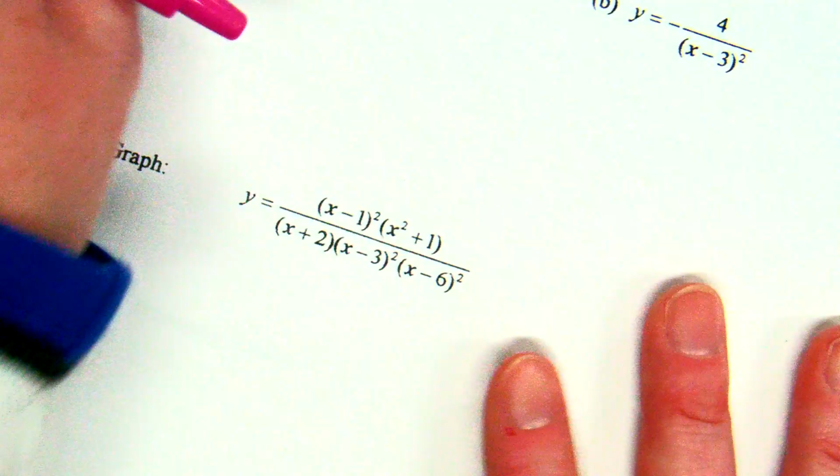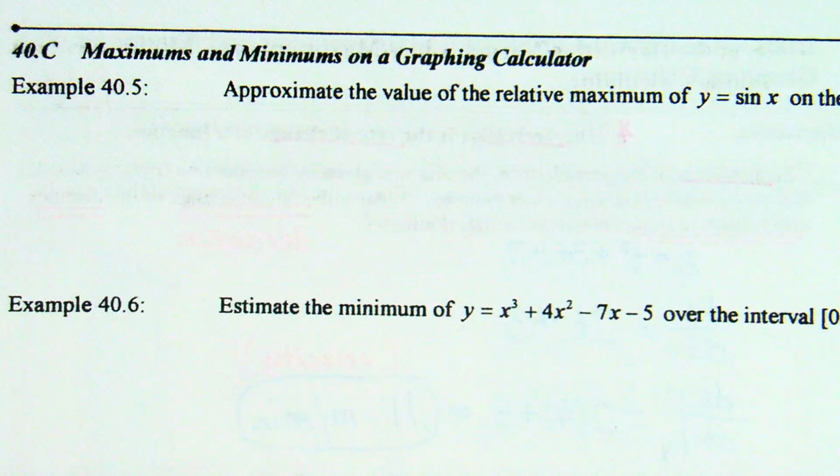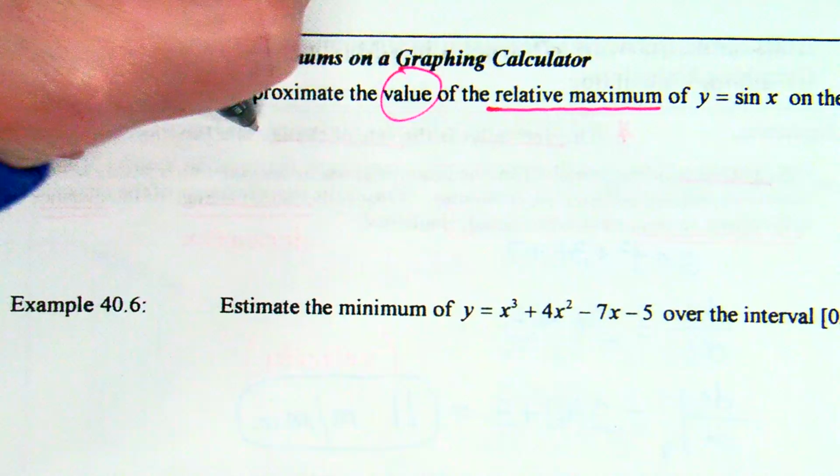When they say find the value, they're asking for the y value. They're asking us to do this on the graphing calculator, so that means we're going to look at the graph. So what should we start off doing?